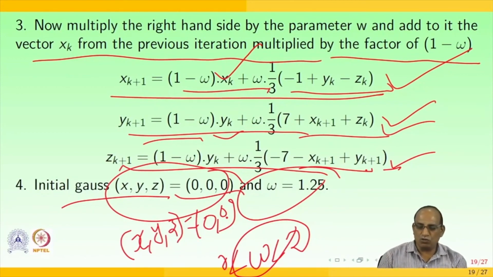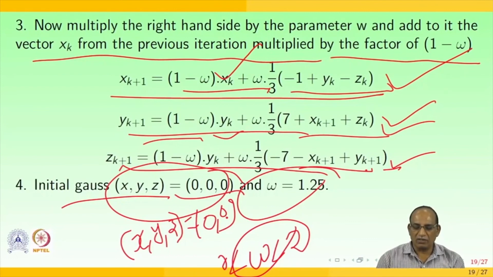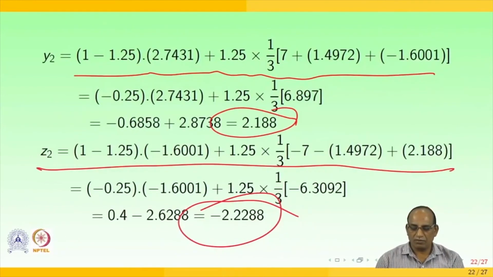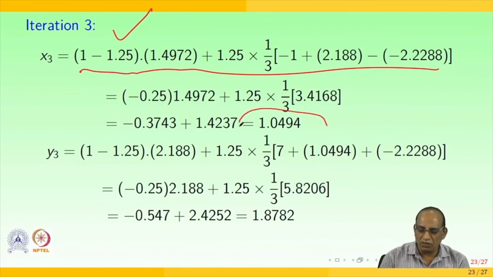So it boils down to Gauss-Seidel when omega happens to be 1. Then this will be 0, this will be 0, this will be 0. So x3 is done by this process.